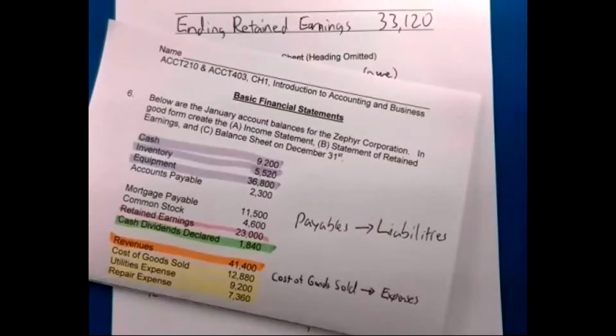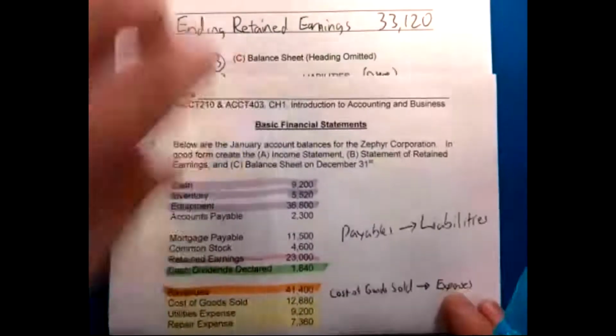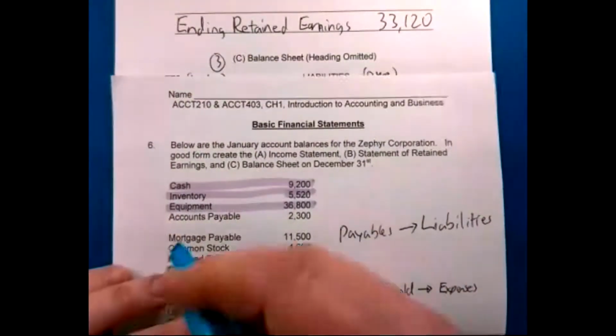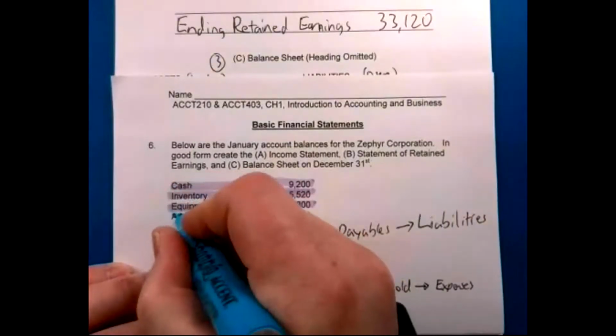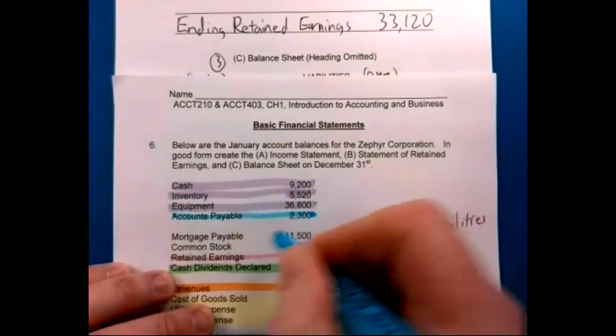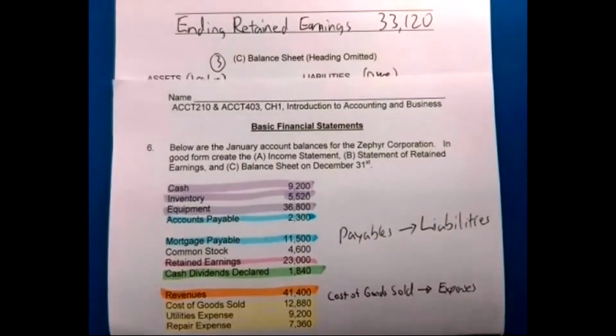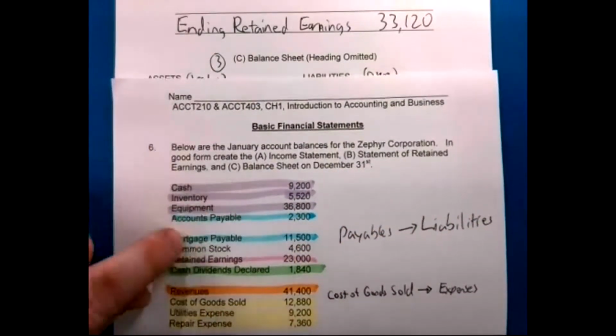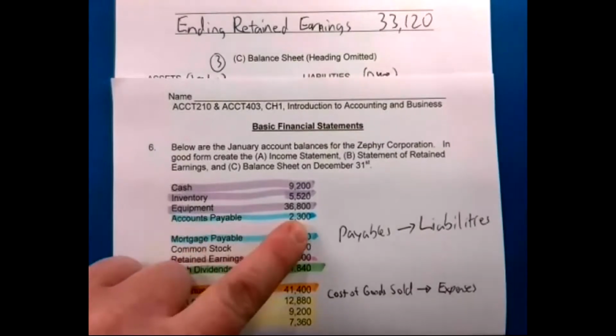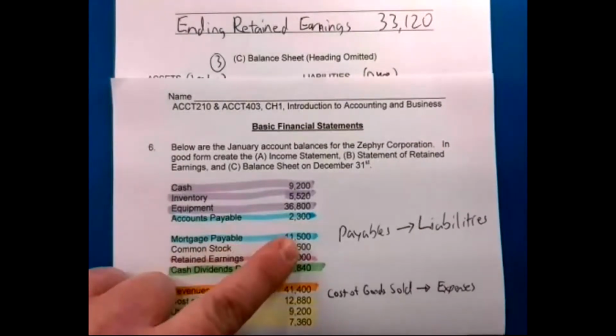Coming over to our liabilities. Anything that is payable is going to be a liability, so we have this accounts payable and our mortgage payable. So anything that's payable. Accounts payable, we owe someone money. Mortgage payable, obviously we have a mortgage.